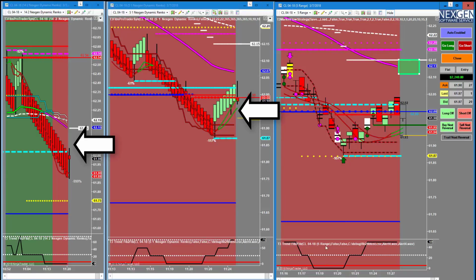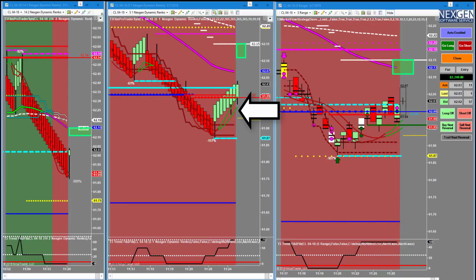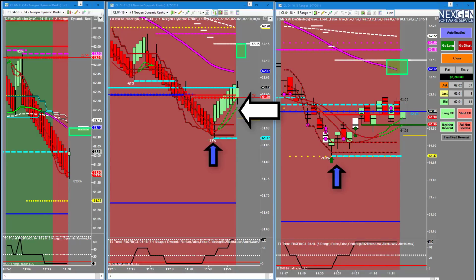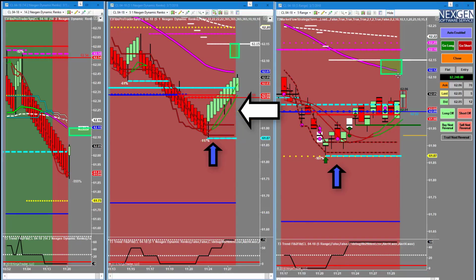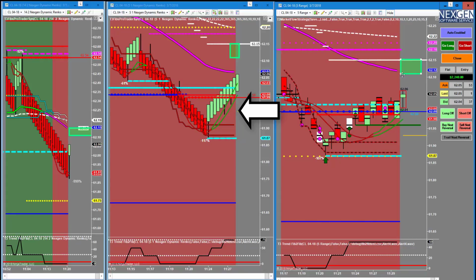Now, the one thing the new user will make the mistake of is going too early. They're going to fail to recognize that our small triggers are above the synthetic triggers. So they're going to be short right now, and they're going to be going, man, why is it not going down? So remember, if our small triggers are above the 14.2 synthetic triggers, start at the 14.2 reversal bar marker, and then say, where is the area that makes more sense?